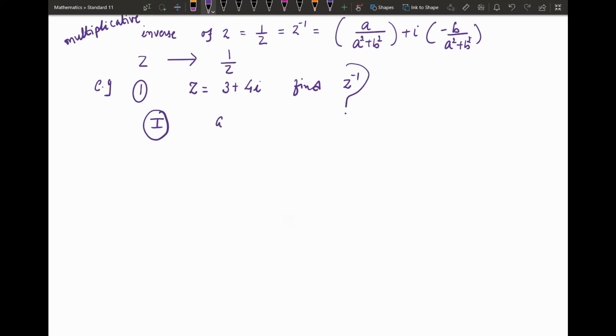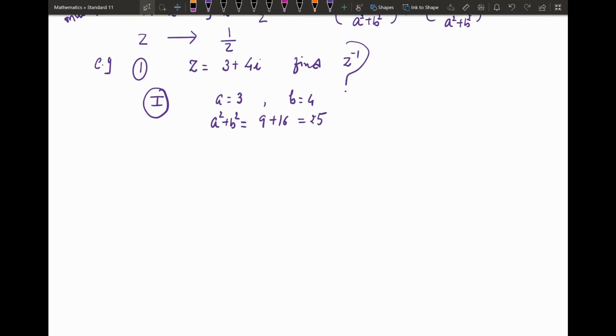Here you compare it with a plus ib. So a equal to 3, b equal to 4, so a square plus b square equal to 9 plus 16, that is 25.